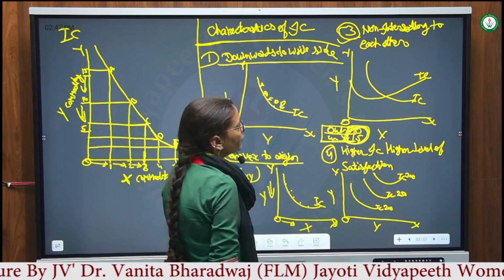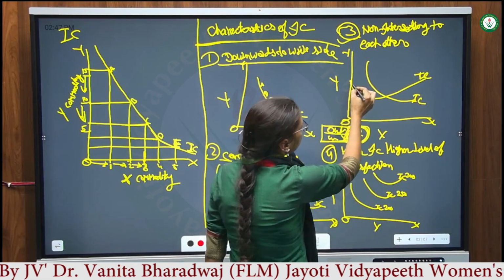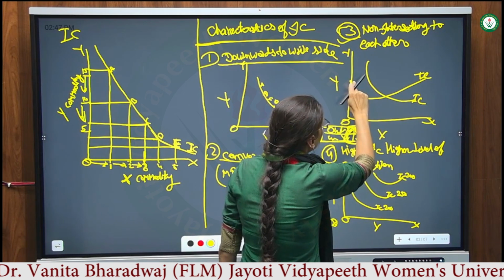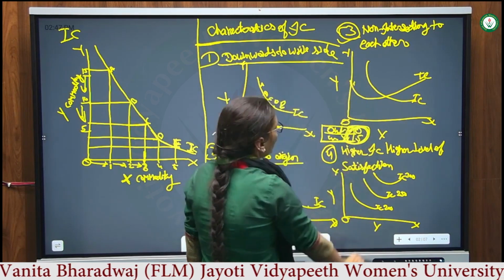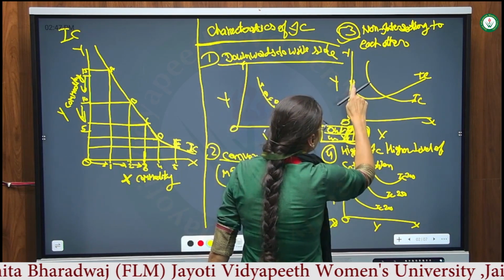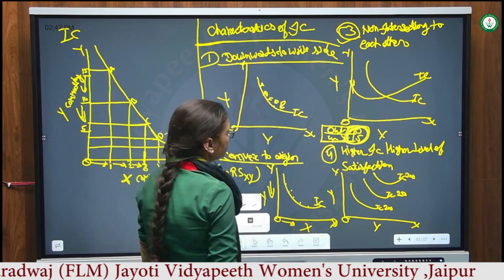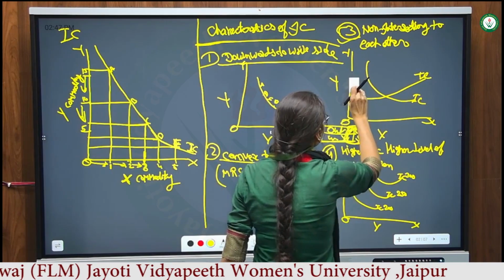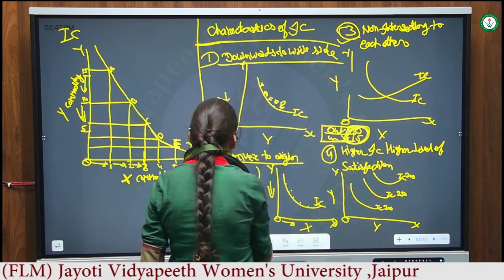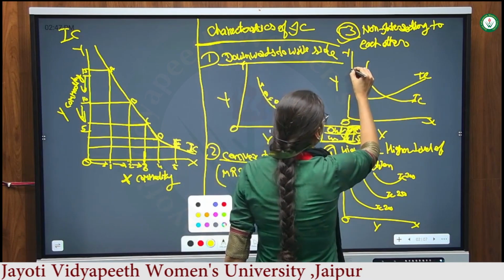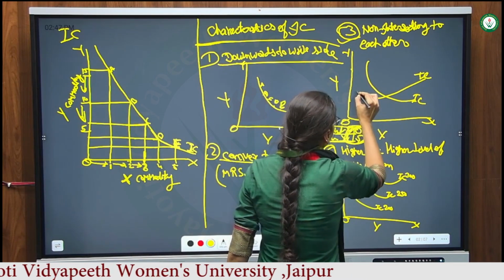That's why an indifference curve never touches any axis of the commodity or intersects with another, because the same level of satisfaction is not given by every indifference curve. Every indifference curve has a different level of satisfaction because they use different amounts of units.